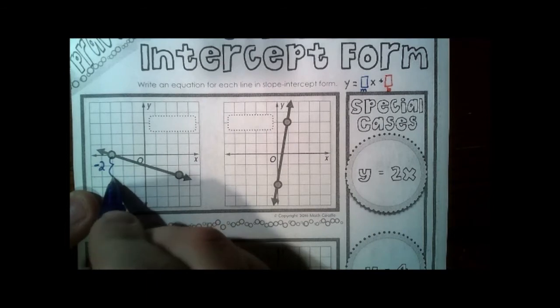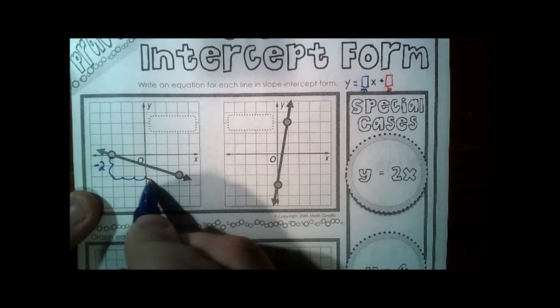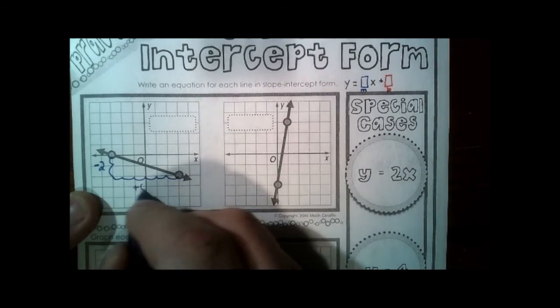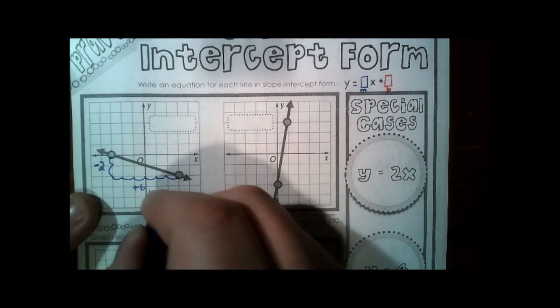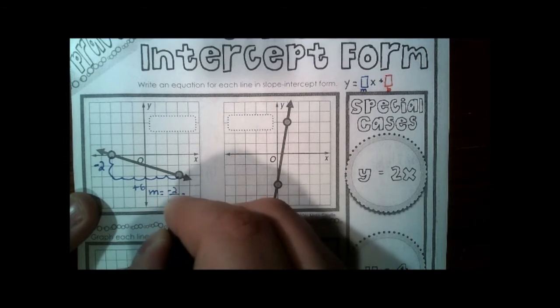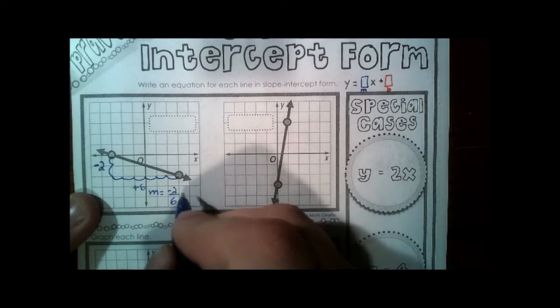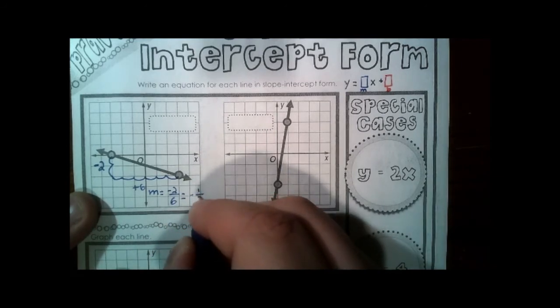Now to the right is a positive direction. 1, 2, 3, 4, 5, 6. Positive 6. So my slope for this line is -2 over 6. And if I reduce that, they're both even. So I know 2 goes into both. That gives me -1/3.